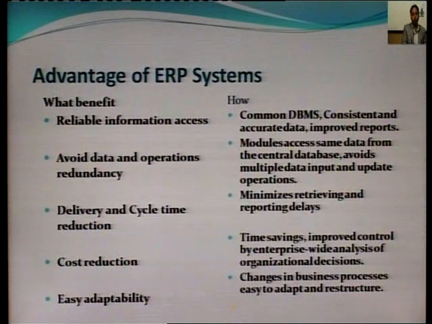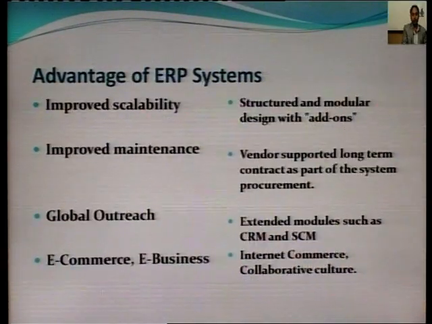Next point is cost reduction. Cost reduction will be achieved by time saving and improved control through enterprise-wide analysis of organizational decisions. Easy adaptability. Changes in the business processes are easy to adapt to and restructure.